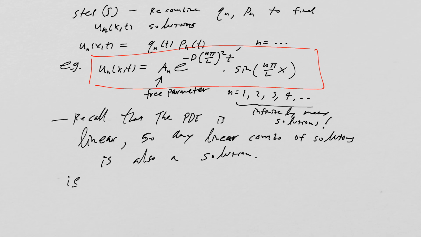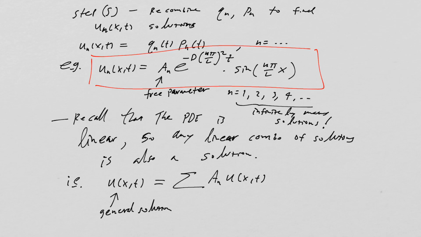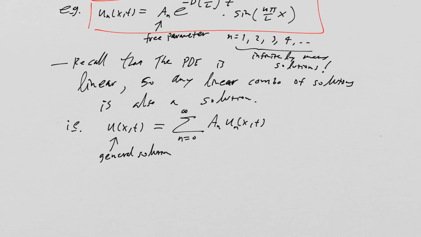Okay, and that means that our solution u of x comma t, what we're going to call the general solution, is written as the sum of an times u of x comma t n. N starts at wherever it starts, let's say 0, and goes to infinity.